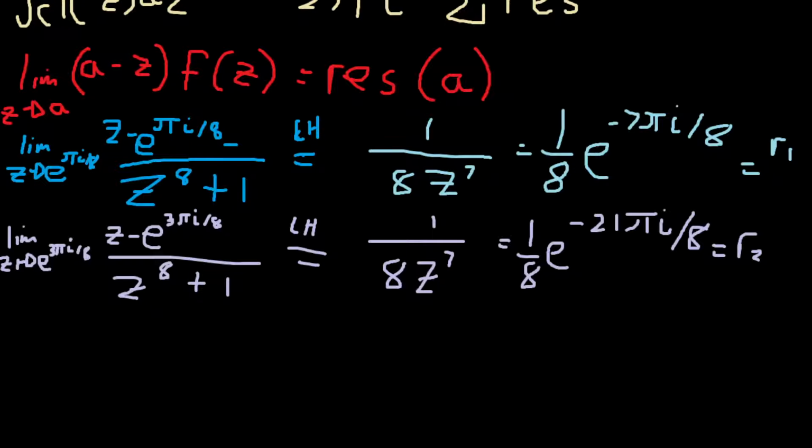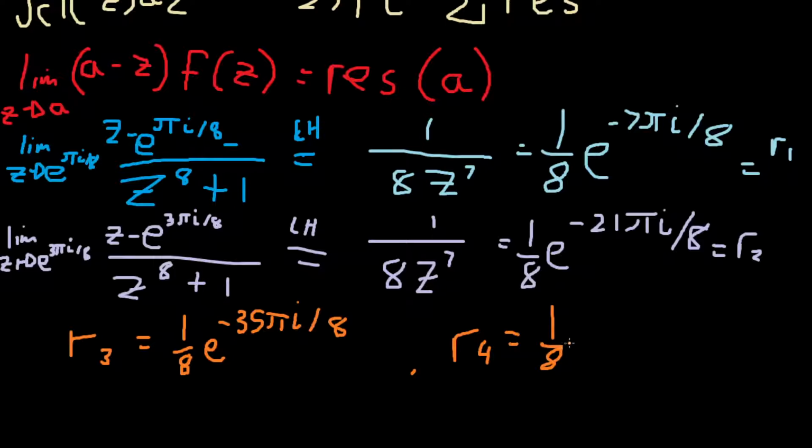There's nothing wrong with that, we're just cutting out a few extra steps. So we get that r3 is nothing other than 1/8 e to the negative 35 pi i over 8, and r4 is 1/8 e to the negative 49 pi i over 8.